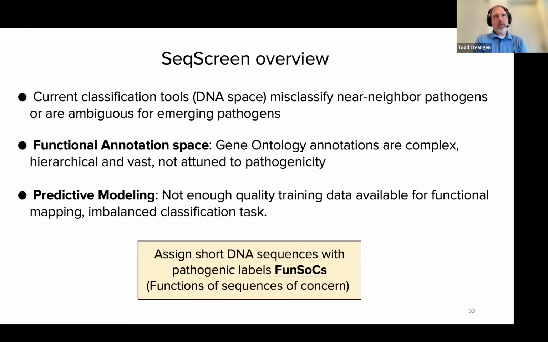So really, after thinking about all of the challenges of this problem and mapping those out, we finally came around to something, in collaboration with my collaborators at Signature Science: a system built around sequences of concern, or functions of sequences of concern, as a framework to try to address some of the above listed challenges, not fully solving them, of course, but really as a construct. And I'll get into those now.